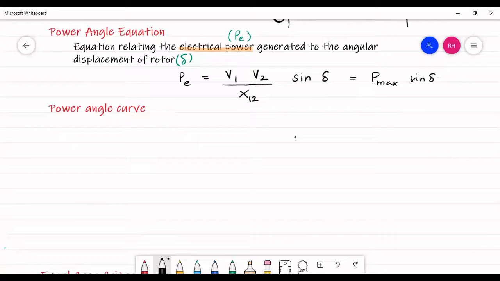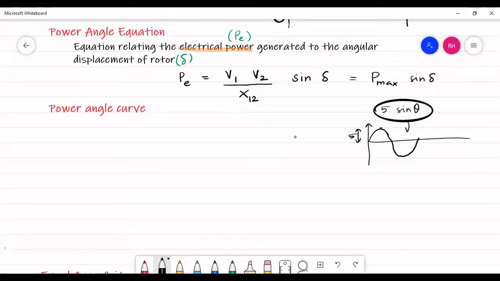Whenever you have an equation like phi sine omega t or phi sine theta, you draw a sine waveform with the maximum amplitude of phi. Similarly, we are going to draw one similar curve.